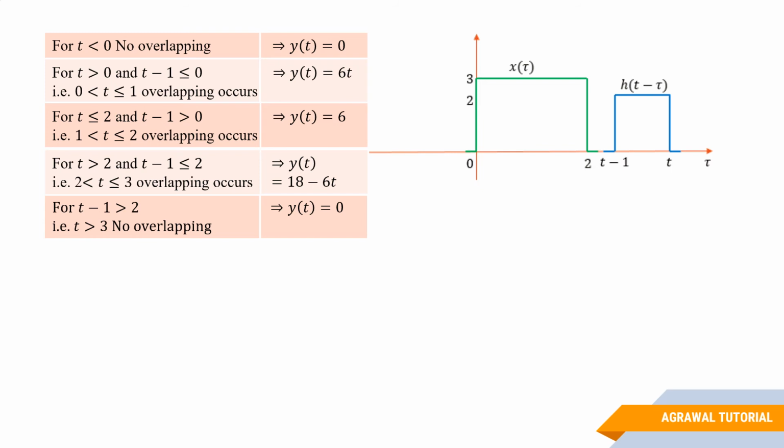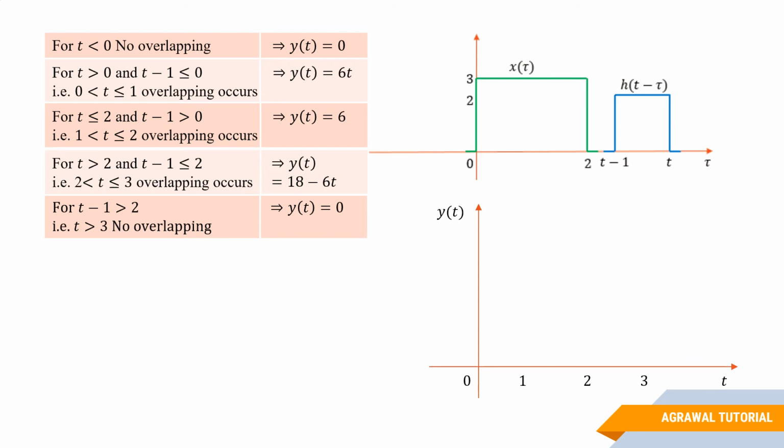Okay, so we have found the resultant of integration, which is nothing but the convolution of the given two functions. So, we have got the convolution of these two functions. Now let us plot all of these in a graph.